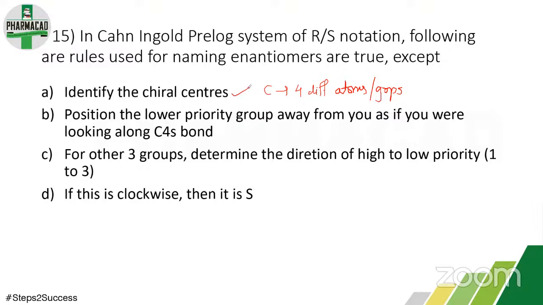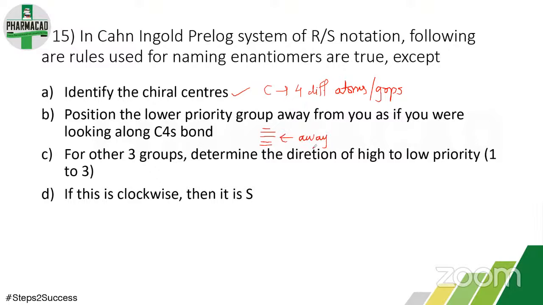Position the lowest priority group away from you as if you were looking along the C-4 bond. So the lowest priority group should be away. How can we identify this in a 2D structure? If the lowest priority group is on a dash wedge, it means it is away from the observer. So the dash wedge represents away.